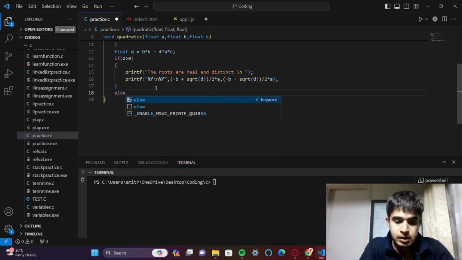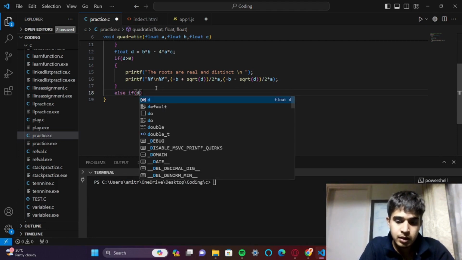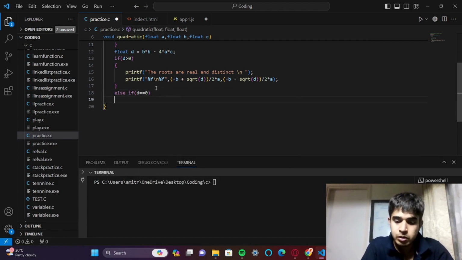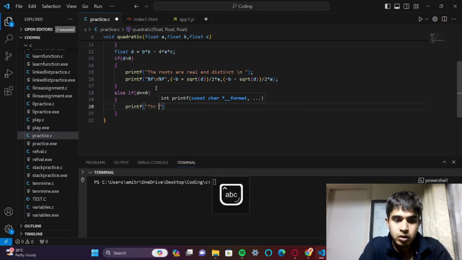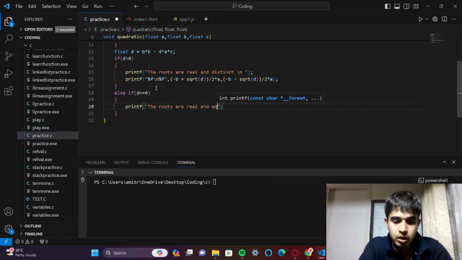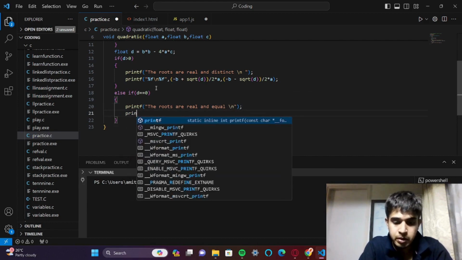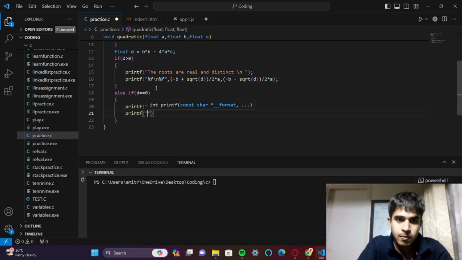So else if discriminant is equal to 0, printf the roots are real and equal, again I will include a new line character here, then printf %f \n %f.